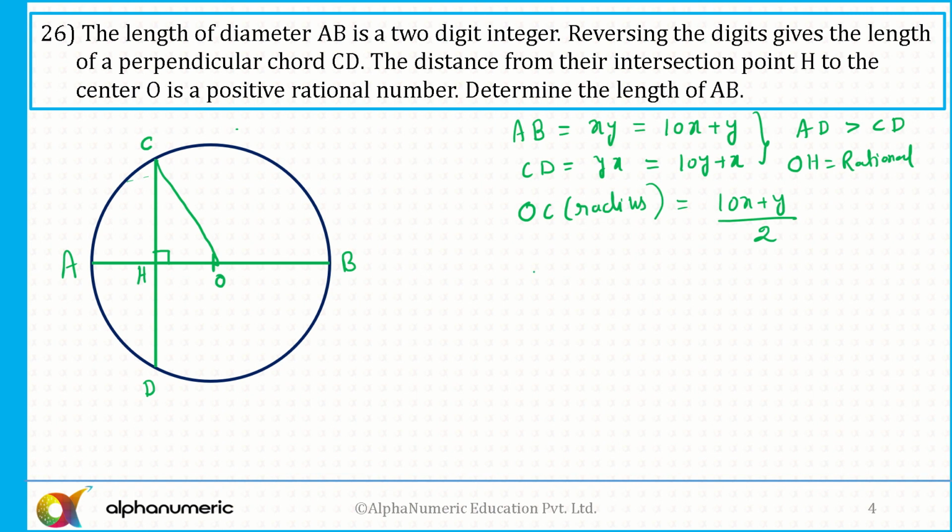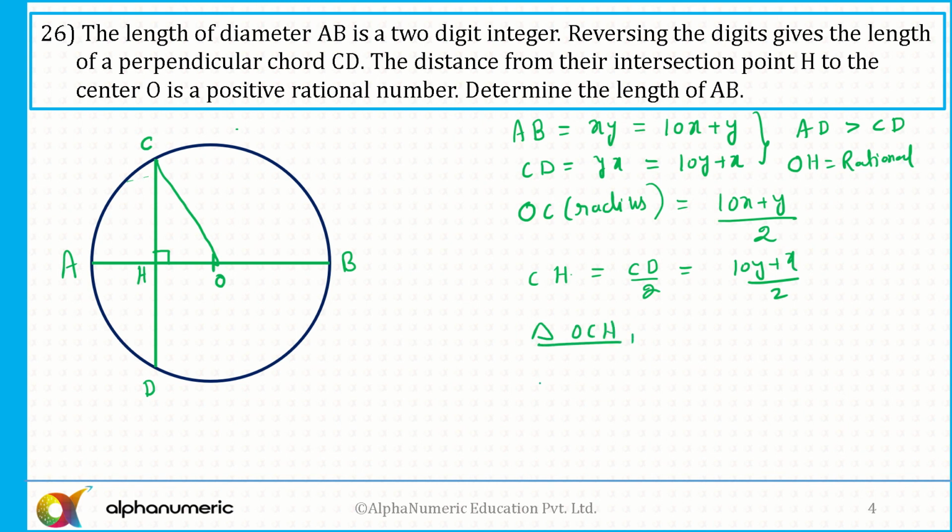And what is the length of CH? The length of CH is again nothing but half of the chord. So the length of CH is half of CD, that is CD by 2, which comes out to be 10y plus x by 2. Now, in triangle OCH, I can apply the Pythagoras theorem.